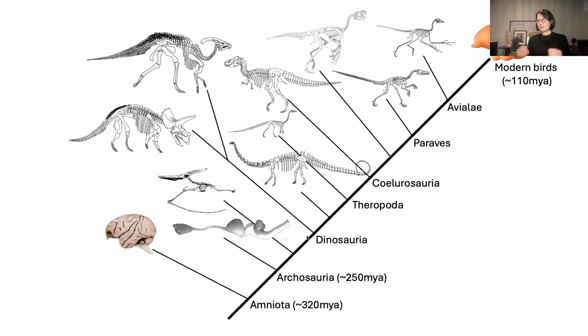And so with this fossil record that actually continues to get denser and denser, we can actually understand the deep history of these characters that initially we thought were very stereotypical bird characters. And what we find is that they have this deep history.